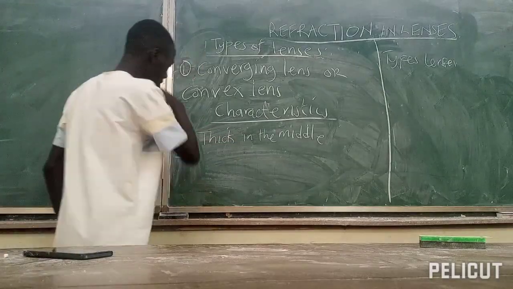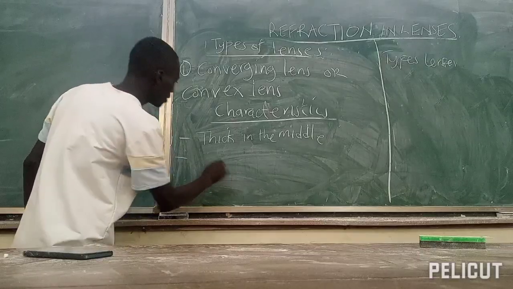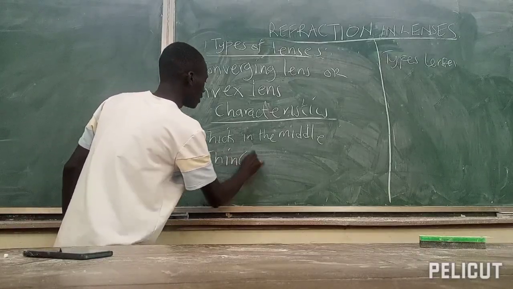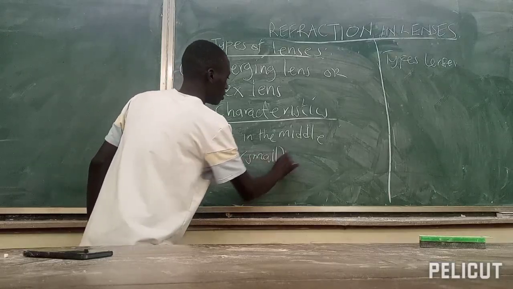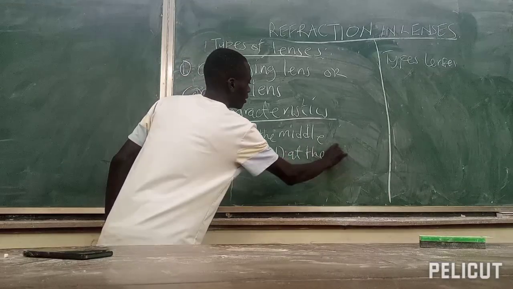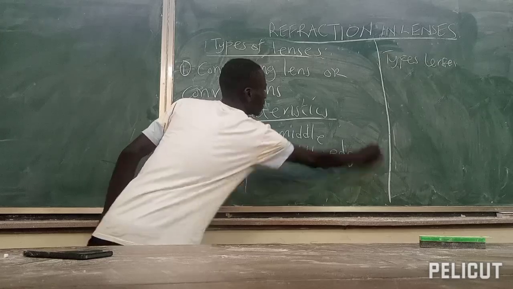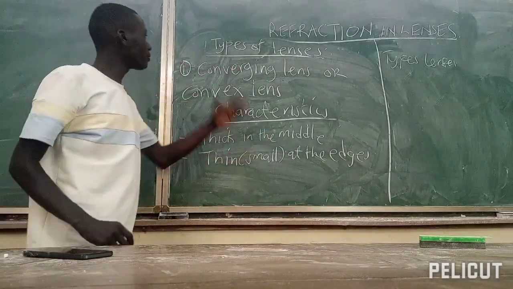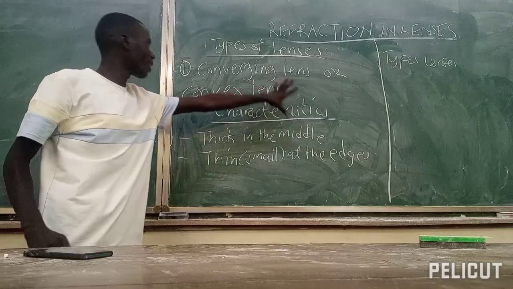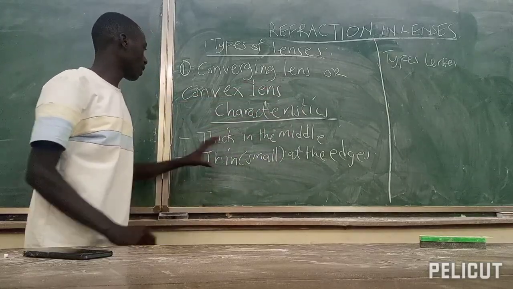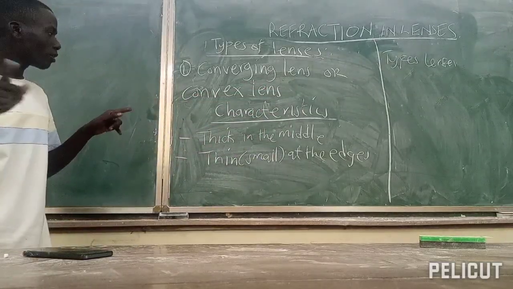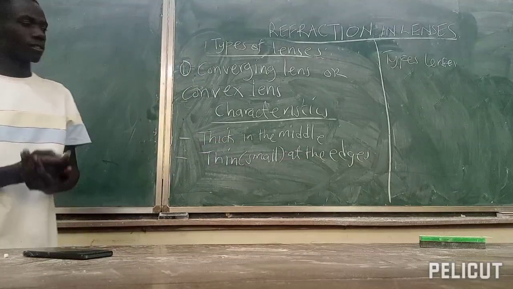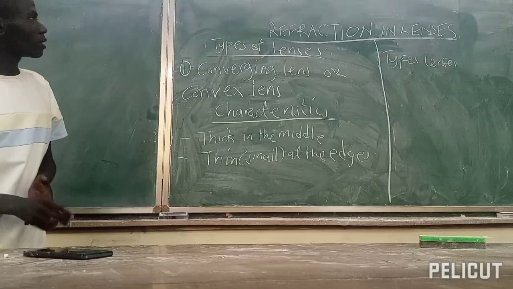Then when you look at the edges, they are thin, we can say small. So these are all the features of a converging lens or a convex lens. It's a lens which is thick in the middle, but thin or small at the edges.